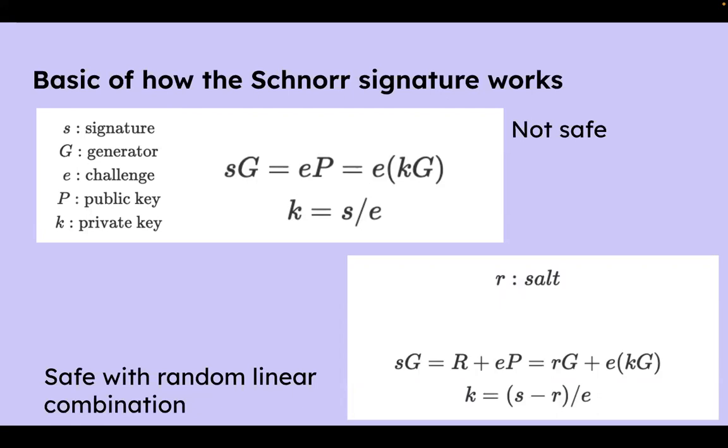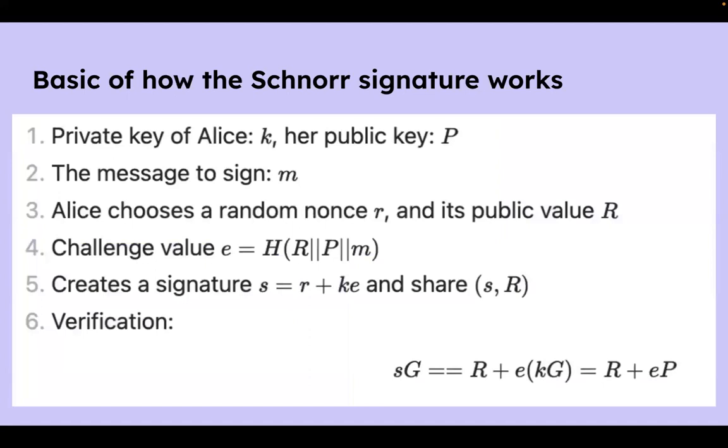So it is very friendly for homomorphism. We can do linear combinations using a lot of Schnorr signatures together, which allows us to combine multiple signatures in one group element.